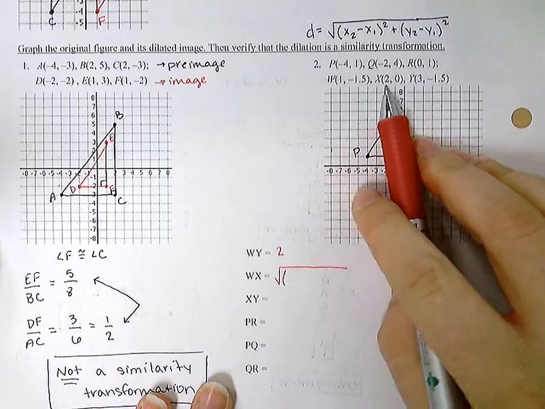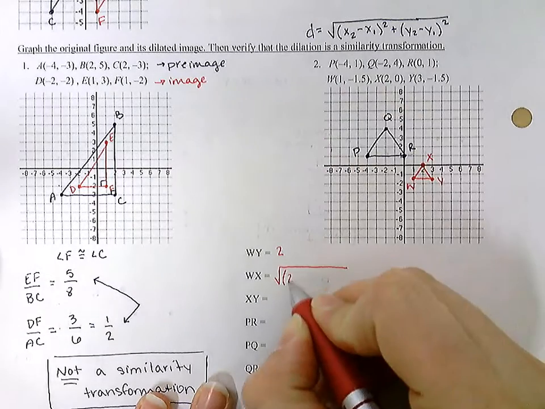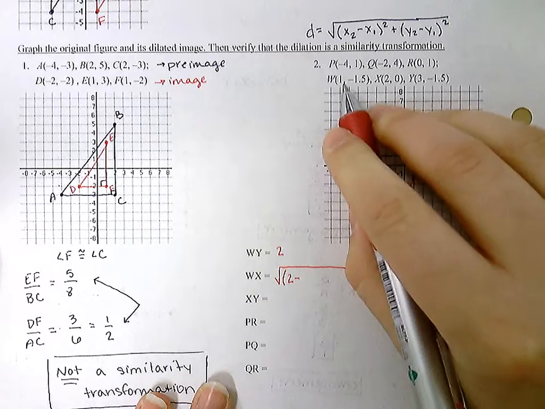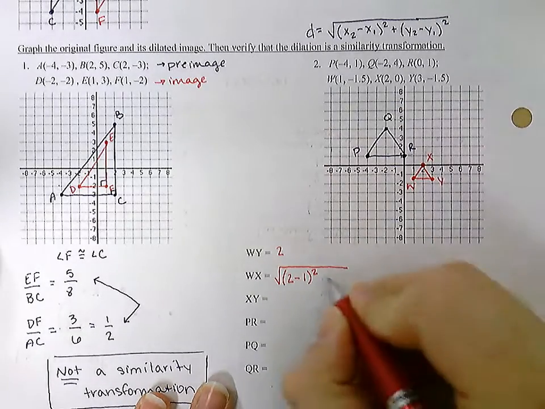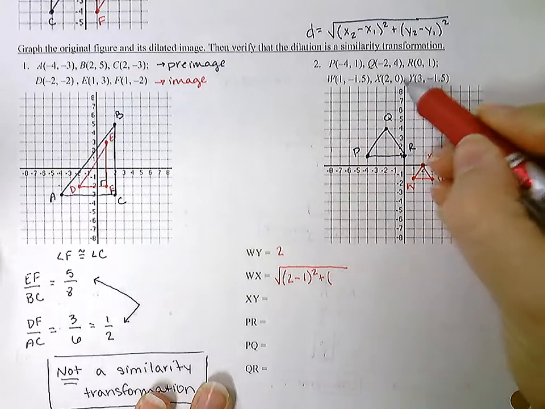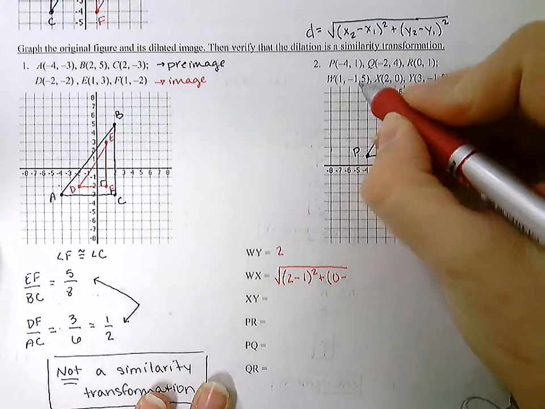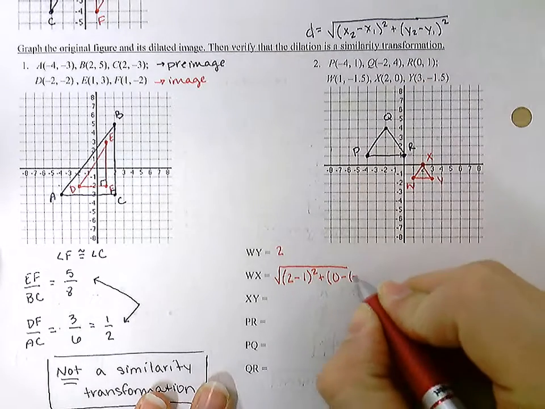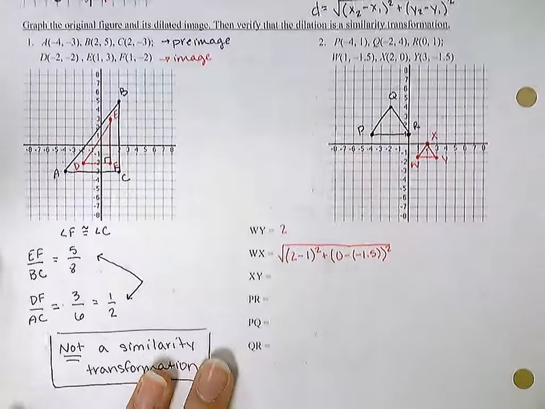So I need to take x sub 2, so that would be 2, minus x sub 1 is 1, that quantity squared, plus y sub 2 is 0, minus y sub 1 is negative 1.5, and that quantity is squared.